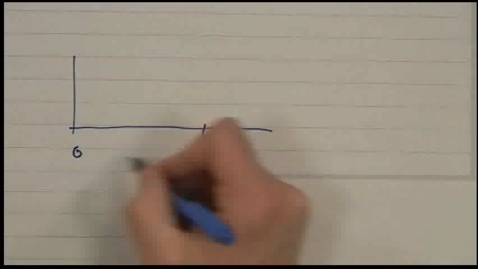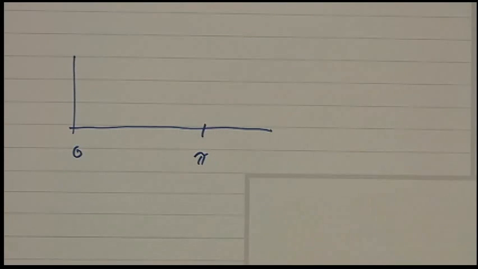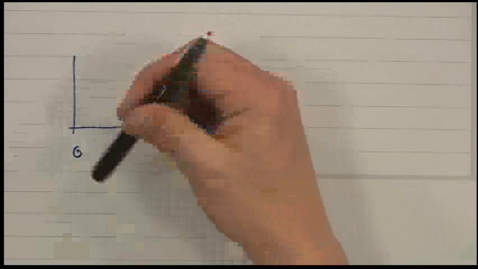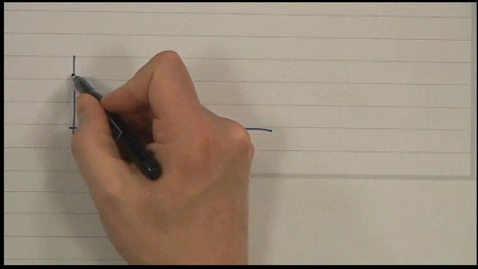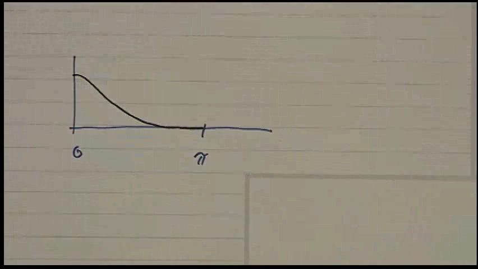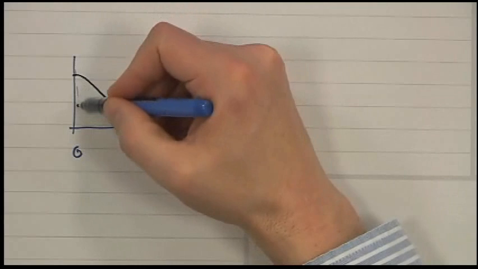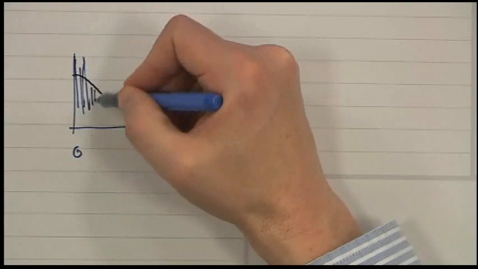So this is 0 and this is, say, pi, okay? You would think that as n gets larger, the thing would become smoother, but it doesn't. Let's say this is what the theoretical power spectrum should be. What it really does is that as you take more samples, the variance stays the same.